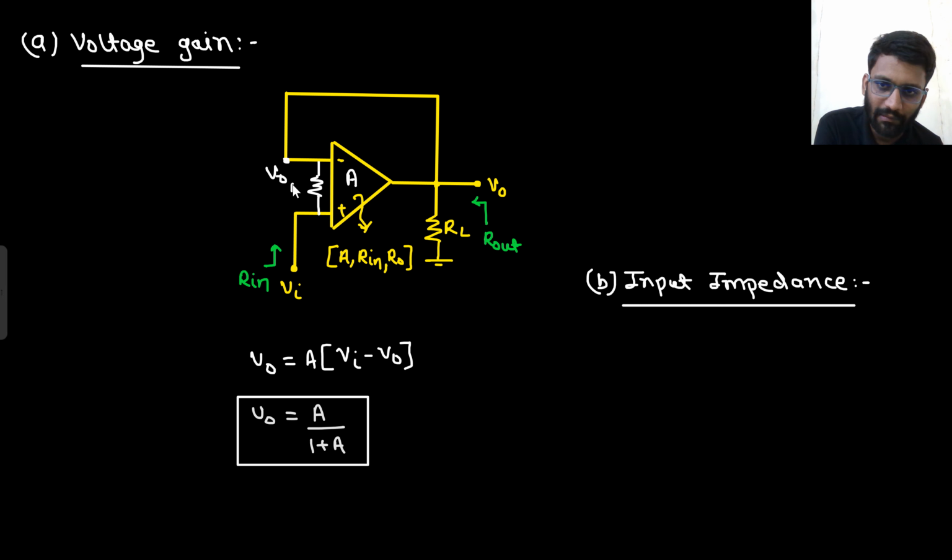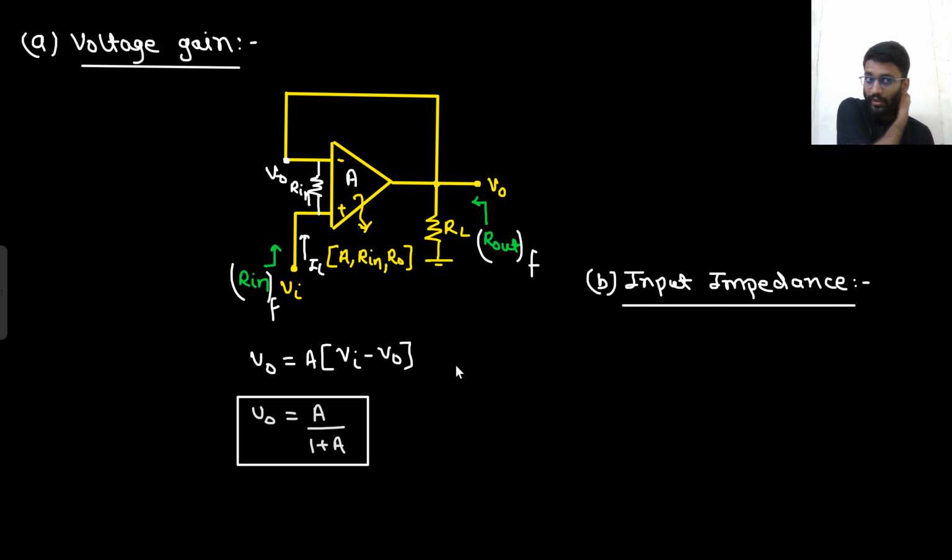This is your Rin, and this is Rin with feedback. I should write Rin with feedback and R naught with feedback. So Rin with feedback would be V in by I in. My target is to find V in by I in. You have already seen the derivation for the non-inverting amplifier, so it should be easy for you.